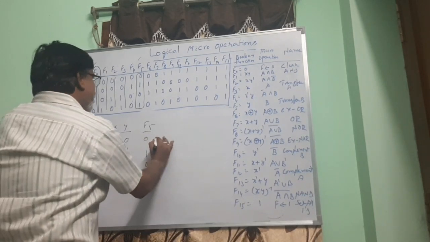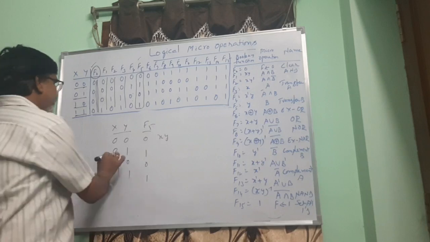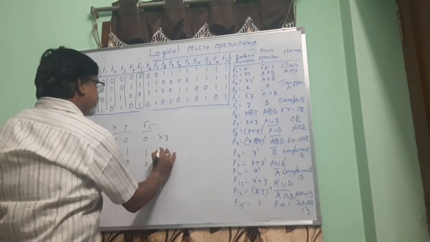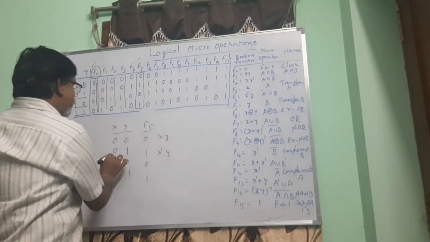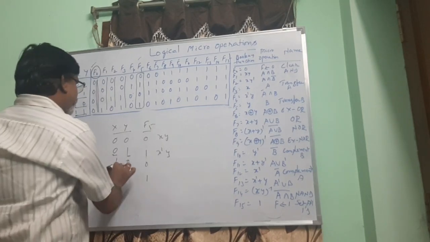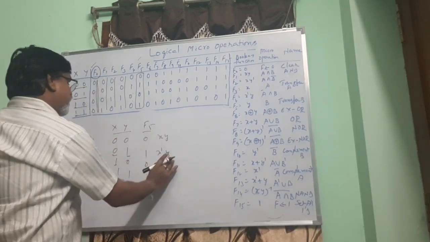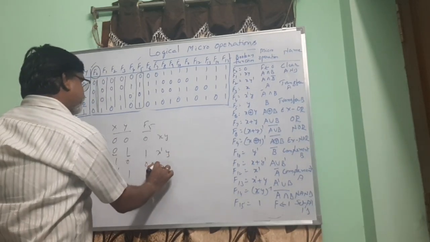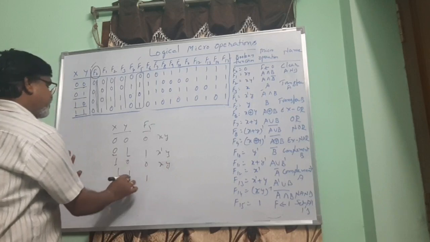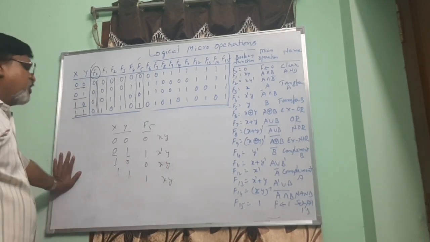So this will be x complement y for the 0 1 row, x y for the 1 0 row's counterpart, and so on.